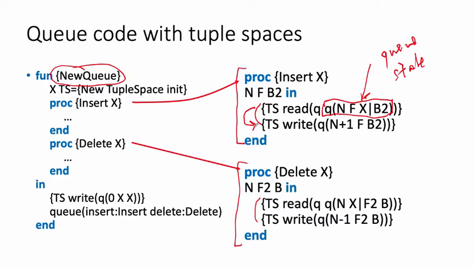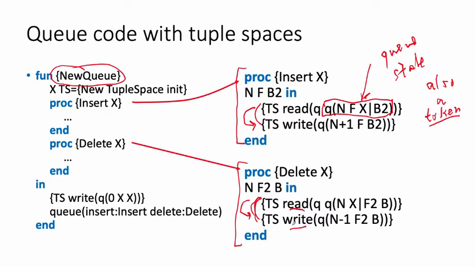The second read will wait because the state of the queue is actually also a token. It has a unique identity and there's only one in the system. So if you take it, you have it, nobody else can have it.